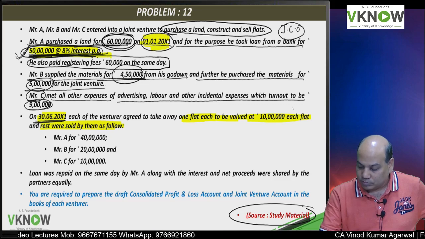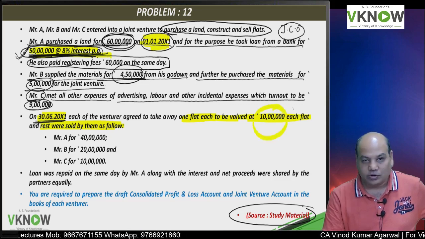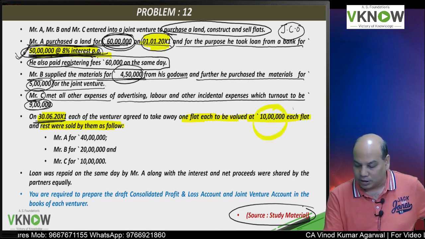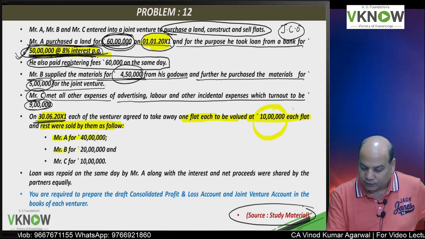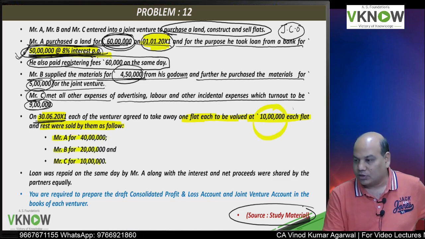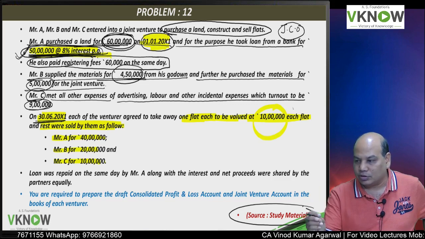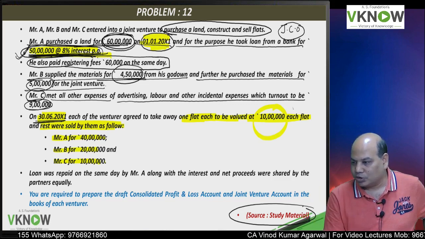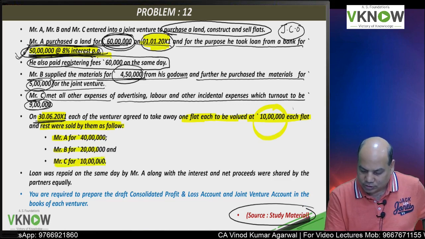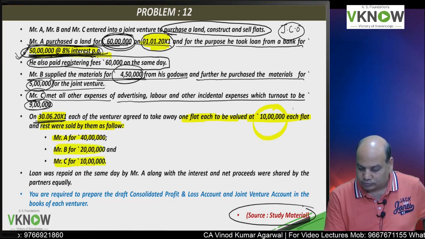So one flat will be taken by each of them, that is valued at 10 lakh, and then they sold the flats. A sold some flats for 40 lakh, B sold few flats for 20 lakh and C sold for 10 lakh. So this is what they sold.